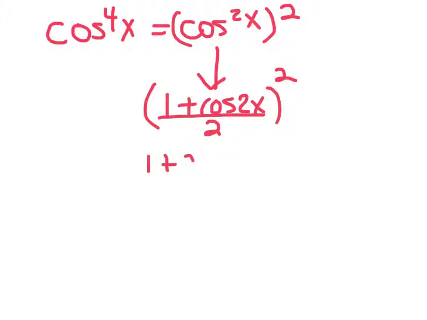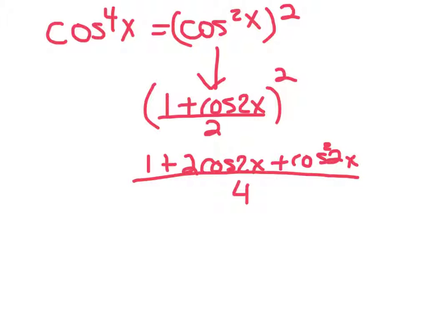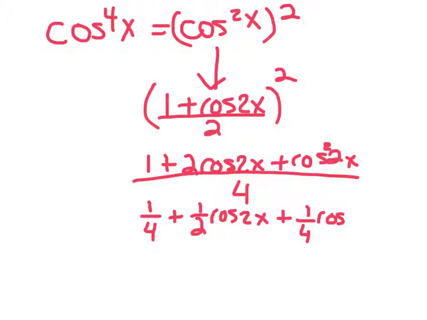That's 1 plus 2 cosine 2x plus cosine squared 2x, over 4. And now that's 1/4 plus 1/2 cosine 2x plus 1/4 cosine squared 2x.